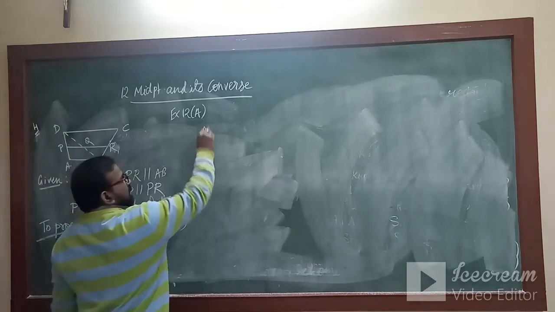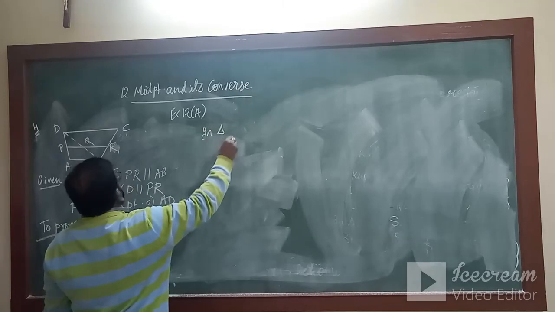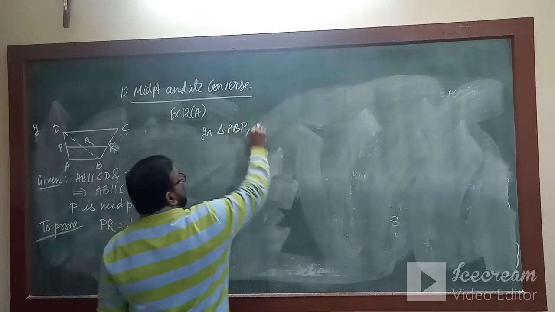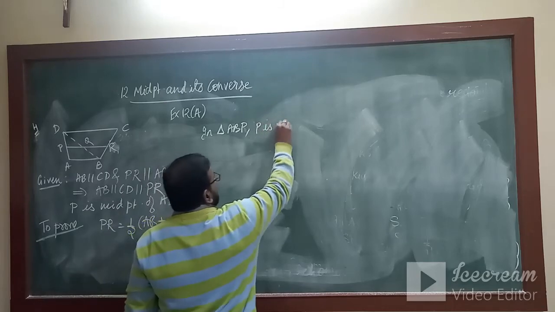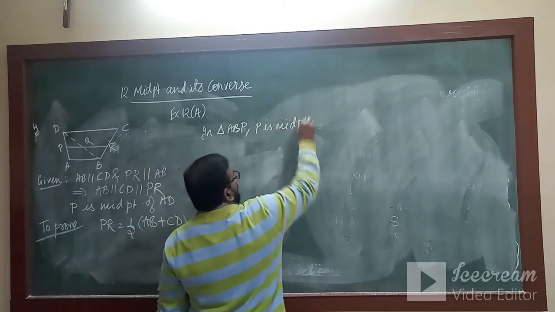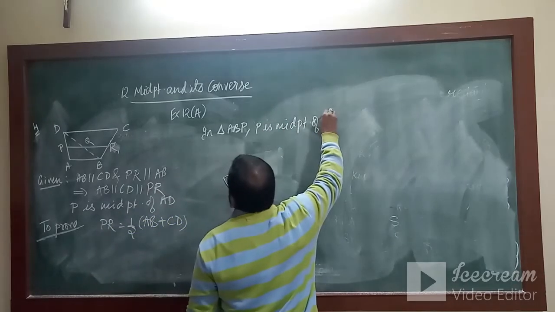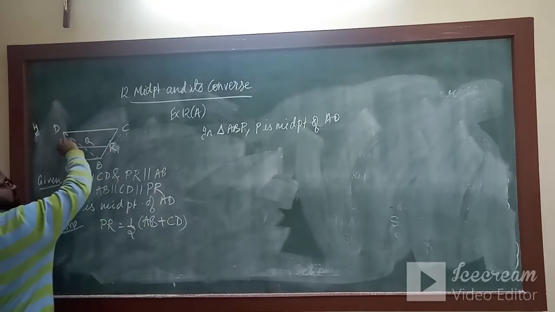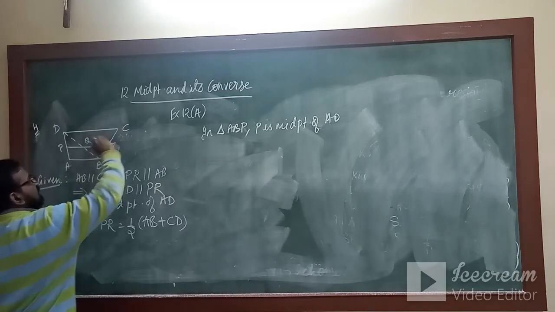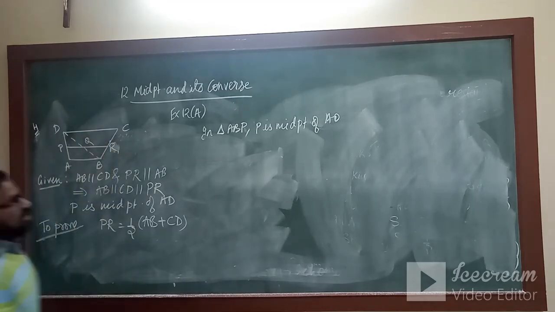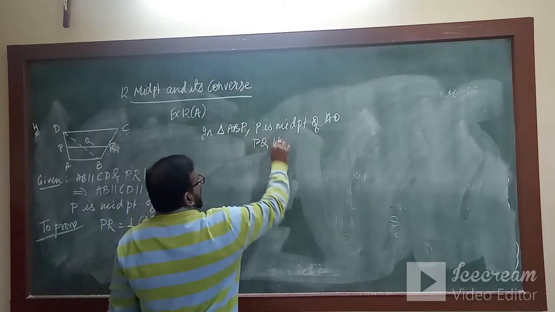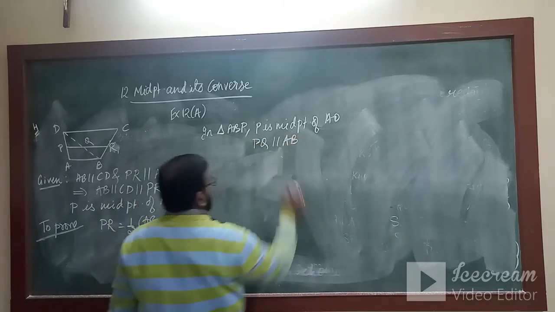So we will take triangle ABD. What is given? P is the midpoint of AD. Since PR is a straight line, it is already given that PQ is parallel to AB.